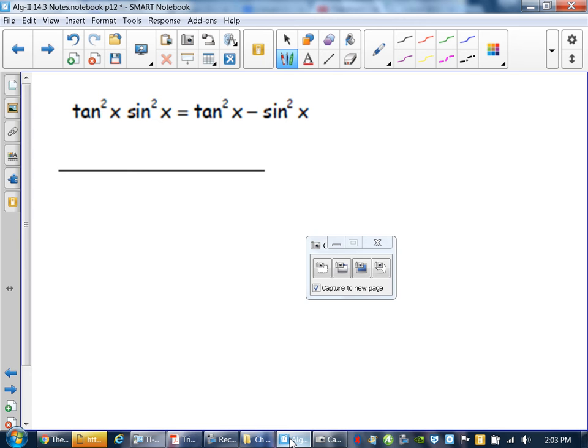But if you look at where you start and then look at where you end, notice you start with multiplication, but yet you end with subtraction, which means that somewhere along the way, you probably had to use one of the Pythagorean identities to show that there was some addition or subtraction going on.